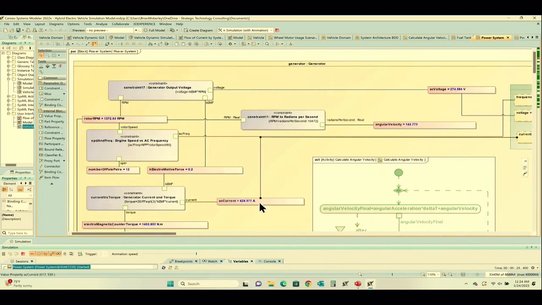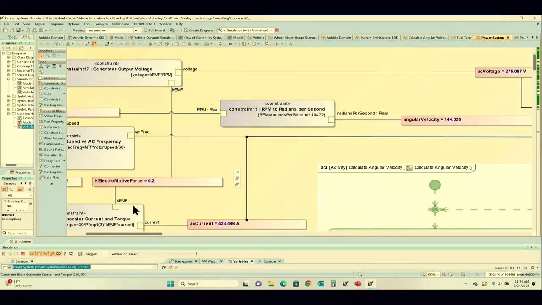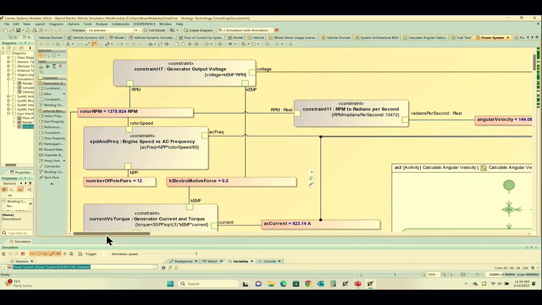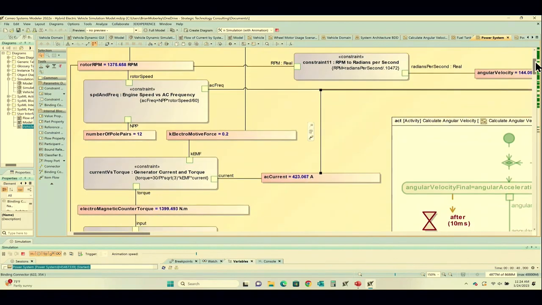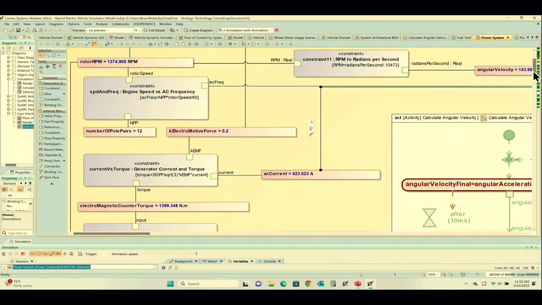So that current that is coming in is ingested into this equation here, and notice it says torque equals 30 times pi times the square root of 3 times the constant electromotive force times the current, right? So using that exact equation, you can determine how much counter torque is being applied by drawing that much current through your generator. And then what you do with that is send that to another equation.